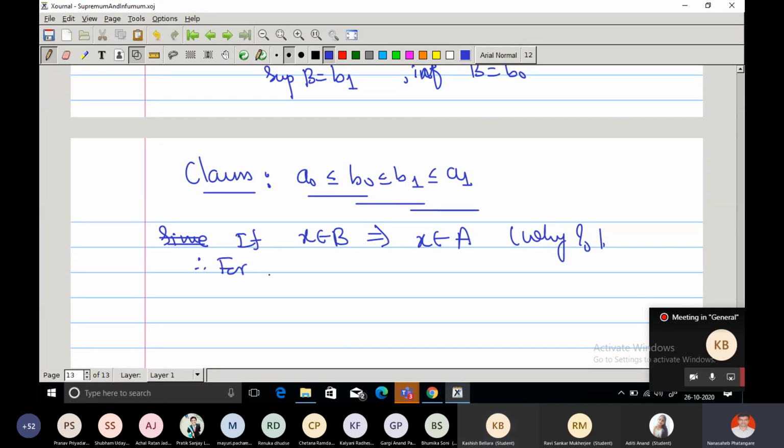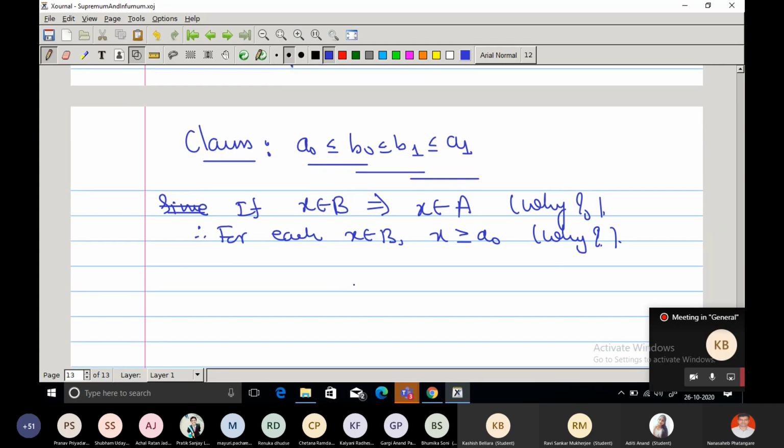Therefore, for each x in A, x is greater than or equal to A0. Why?